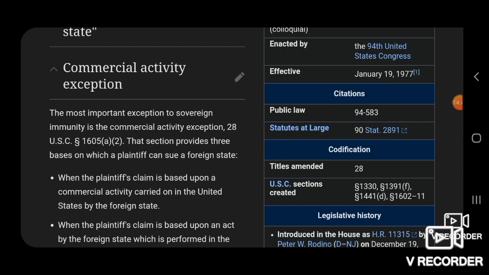So that concludes today's Foreign Sovereign Immunity Act and Commercial Activity Exception video. And I hope that when I'm sitting up here talking slow and I'm dragging my sentences out, the information that I'm stating is coming across clear and embedding itself in your ears.